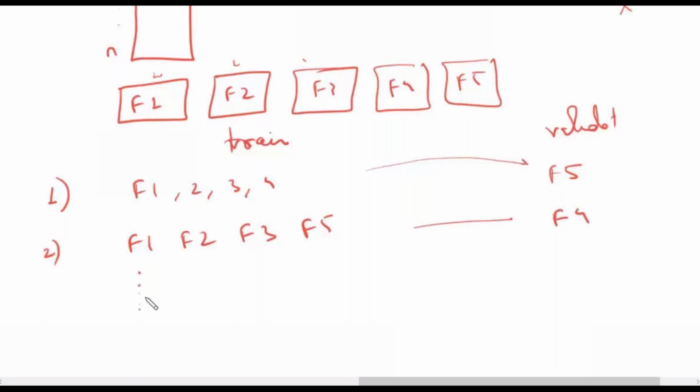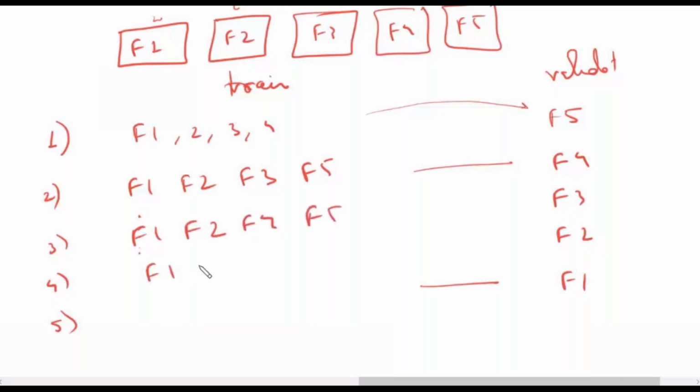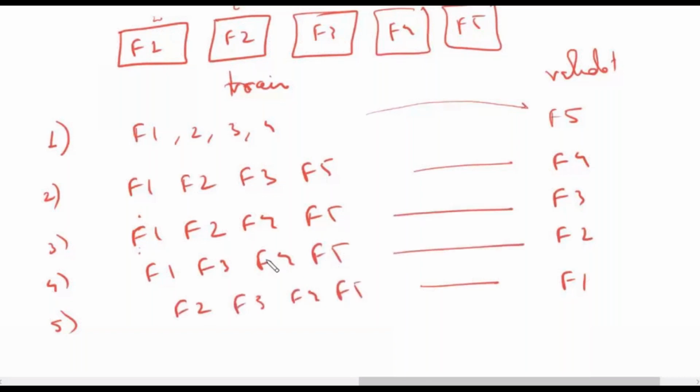Similarly, all possible iterations we will do, and you will see that we will have a total of 5 iterations, and finally F2, F3, F4, and F5. So these are the different iterations we will run.